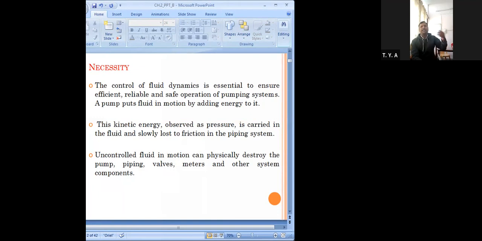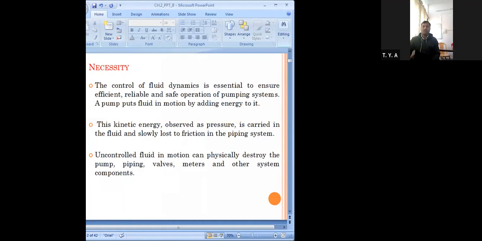From electrical energy it is converted into hydraulic energy, that is the purpose of the pump. But the hydraulic actuator or the hydraulic motor is used for converting the pressure into useful mechanical work.